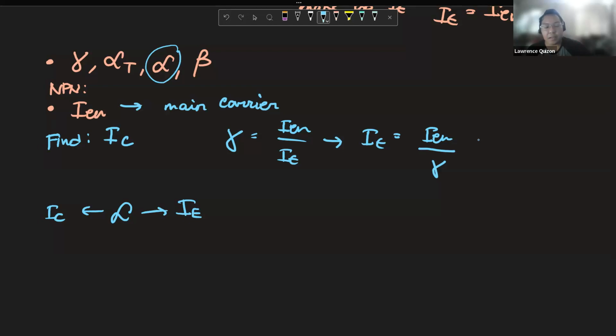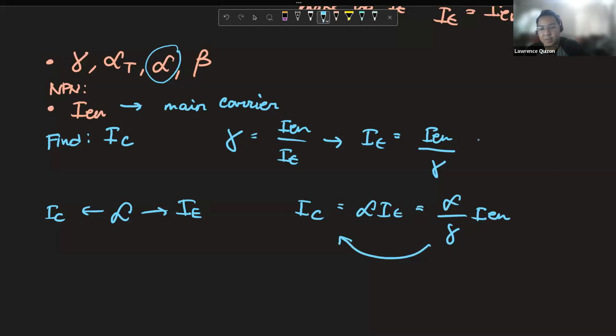So we can get IC from IE just from alpha, which means that alpha over gamma times IEN gives us IC. All right?